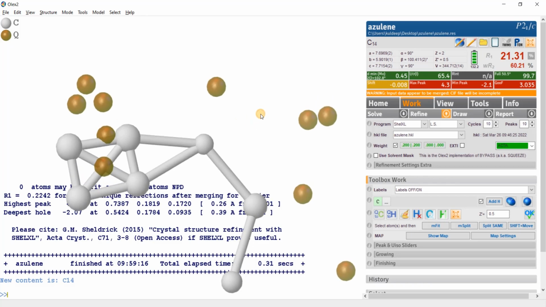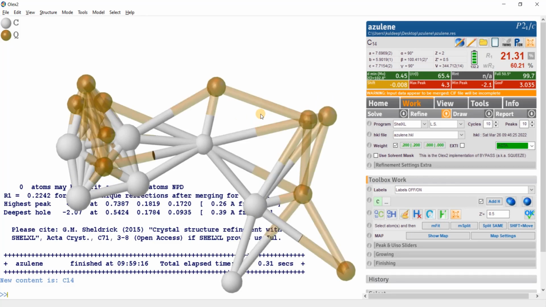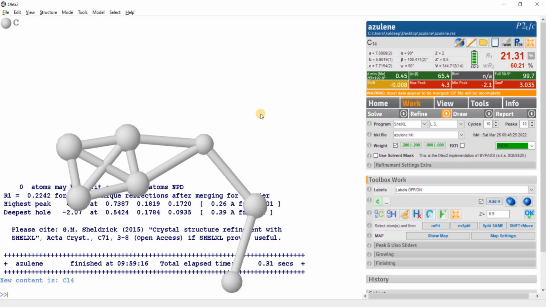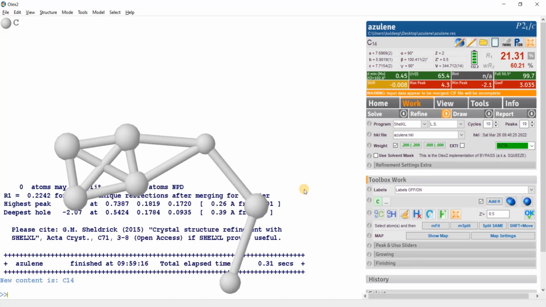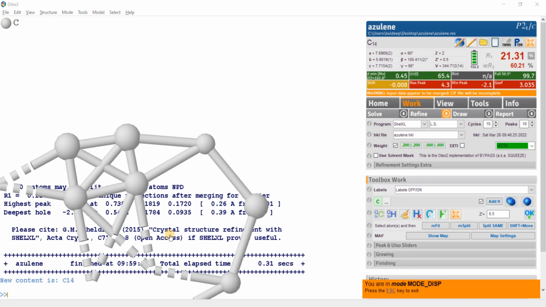Okay, let's now put these Q peaks off by pressing Ctrl Q, and now if you grow the molecule by typing GROW or just pressing Ctrl G on the keyboard, it will grow like this.